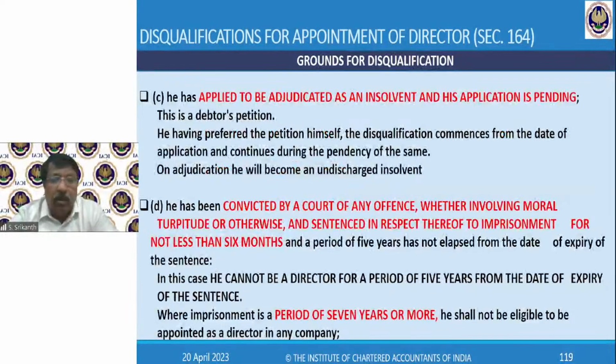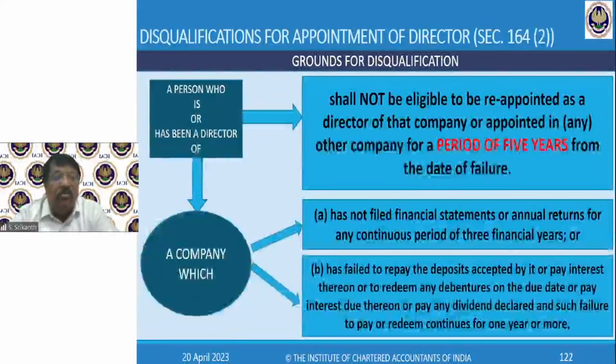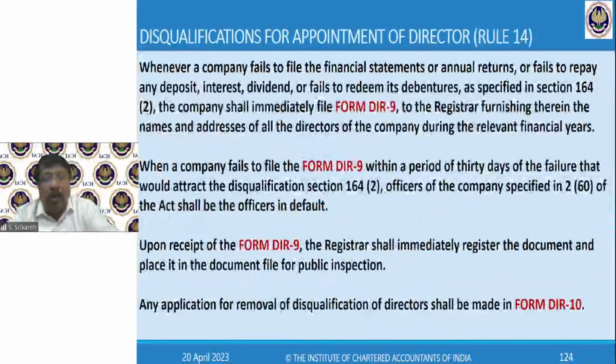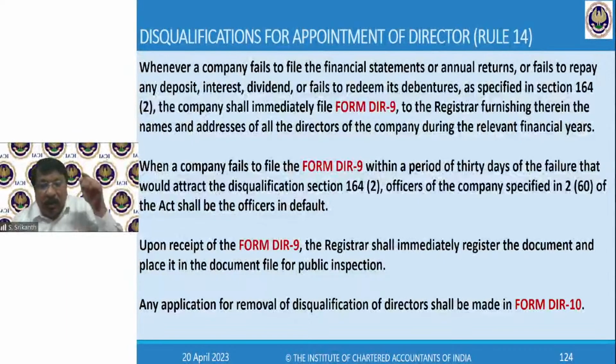Are you able to understand? The 5 years can get over after the expiry of the sentence. In all these cases, your disqualification is removed. Now you want to go and inform the registrar and say, hey, disqualification has been removed, I'm now again eligible to be appointed. So that information, that application should be made in Form DIR 10.